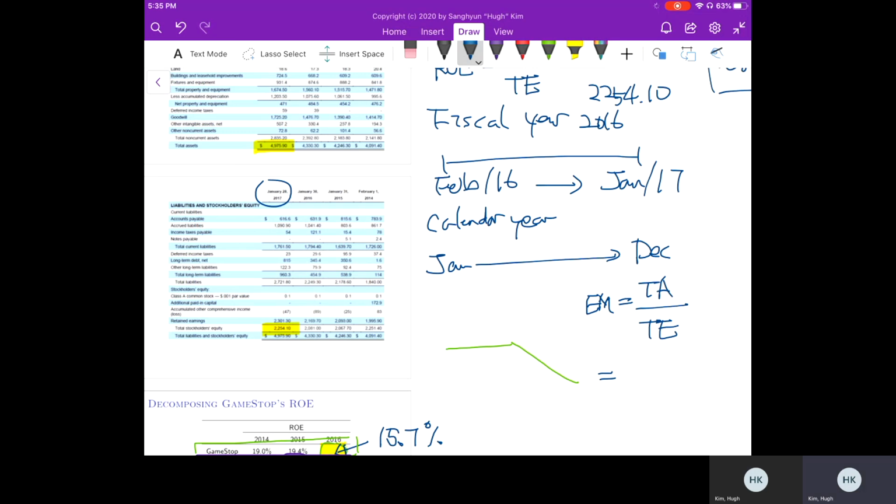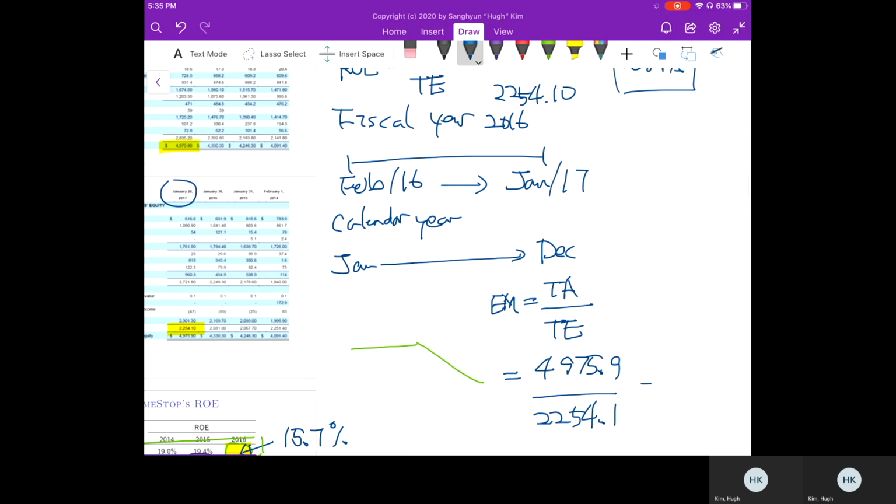So total asset is 4975.9 over total equity of 2254.1. So the equity multiplier is 2.21.